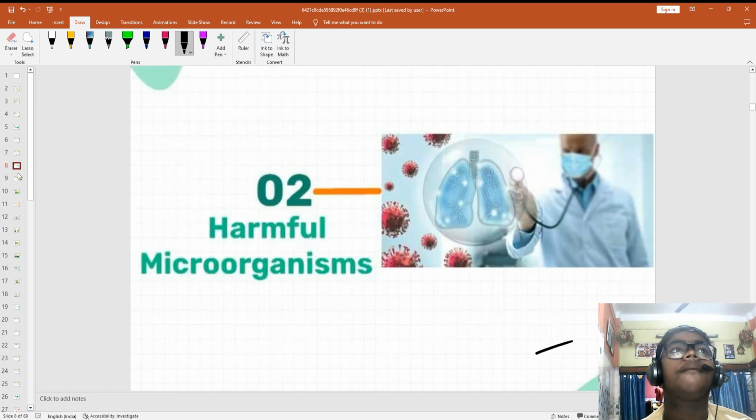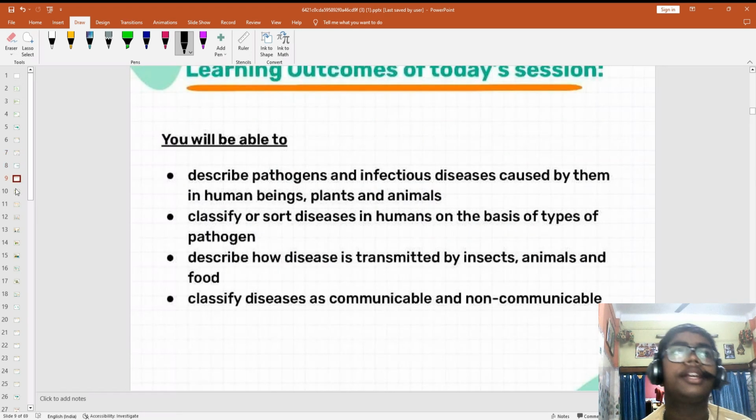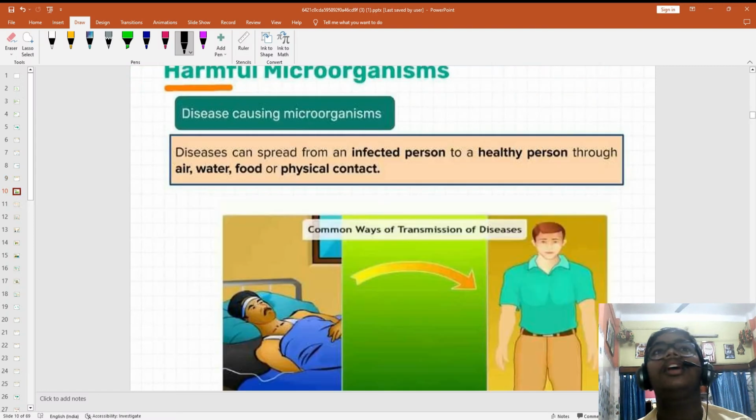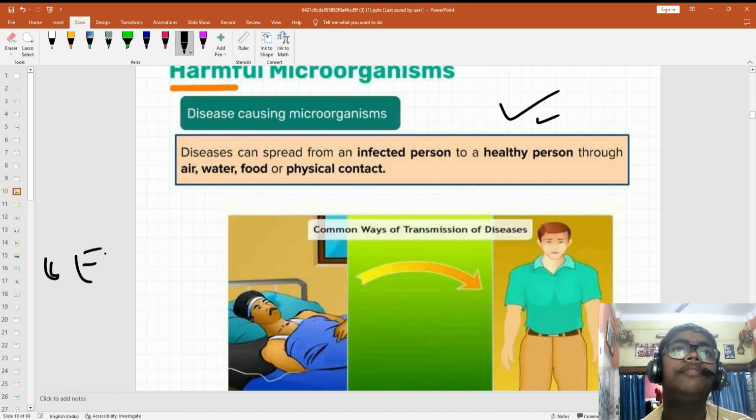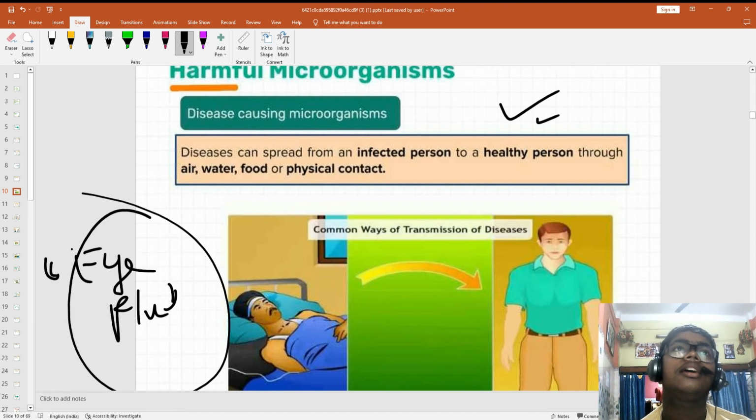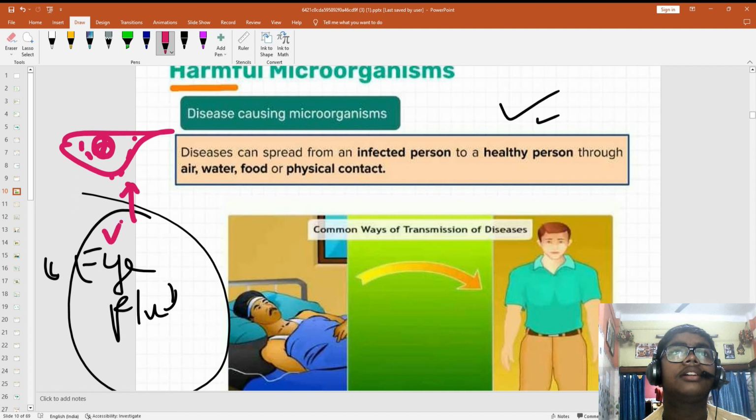Now let's start about harmful microorganisms, the disease-causing microorganisms. Disease can spread. Have you heard of the eye flu that is going on these days? The eye becomes red due to a virus or a bacteria.